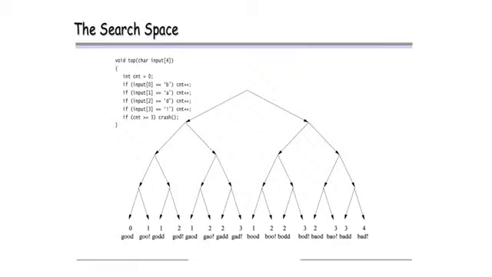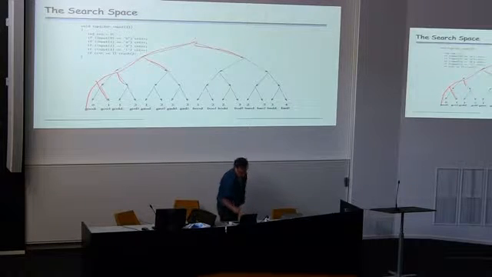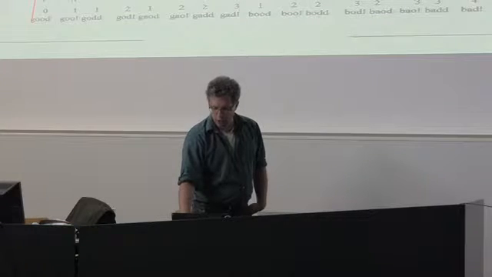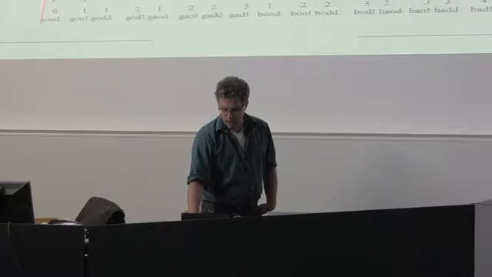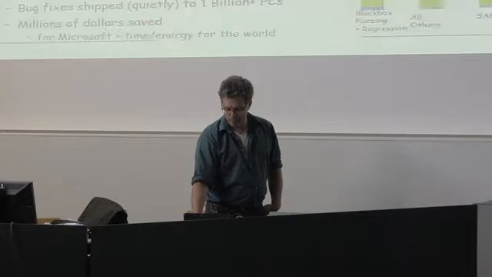Here's the search tree you get by exploring: one path to "good", and then the four generation 1 paths, and you can see all the branching we get. So the search space is quite large, and as with model checking or any exhaustive testing strategy, you've got to deal with this space and search it in a smart way.